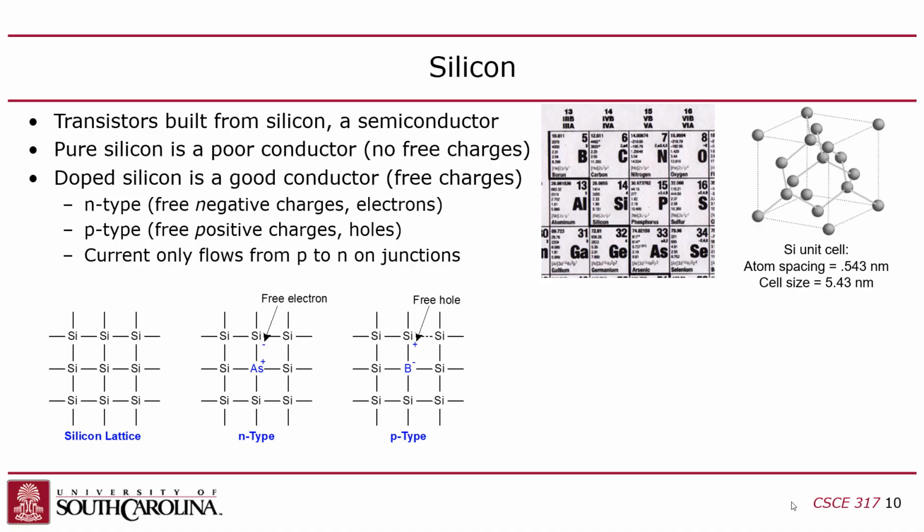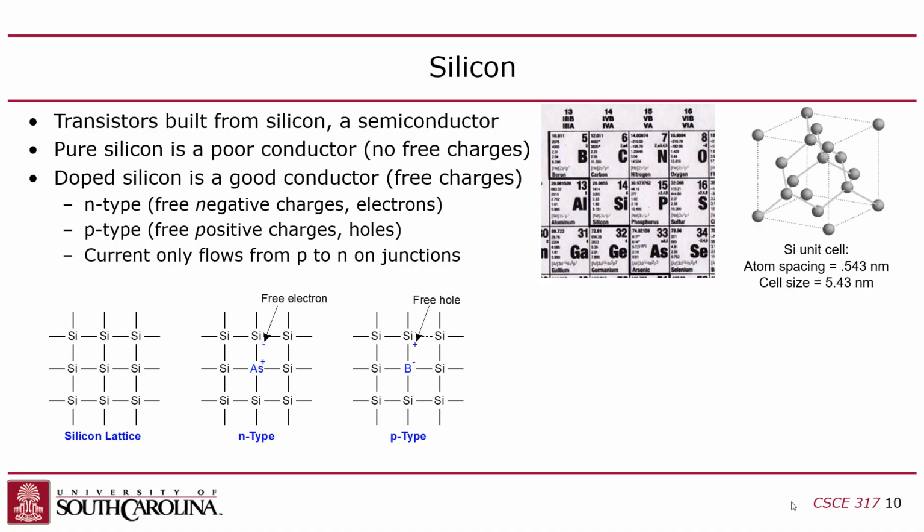If you dope it with column 5, for example, let's look at arsenic. If you take arsenic and stick it in there, the arsenic has an extra electron, right? It has 5 valence electrons.